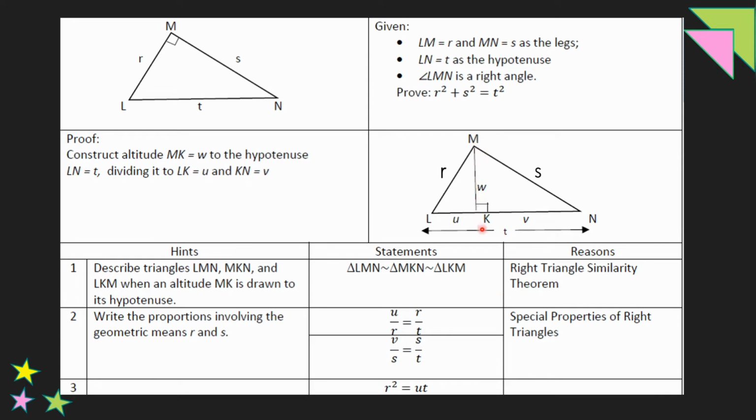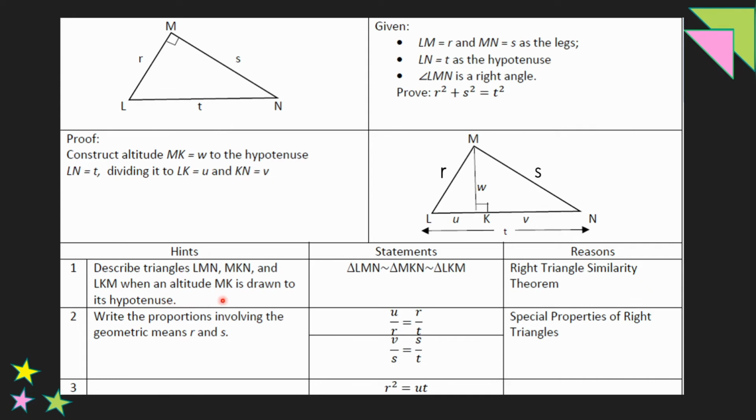So, MK is small letter W. And then, yung side na T, small letter T, ay naging dalawa yung segment. Mayroong U at saka V. So, we have now three triangles.